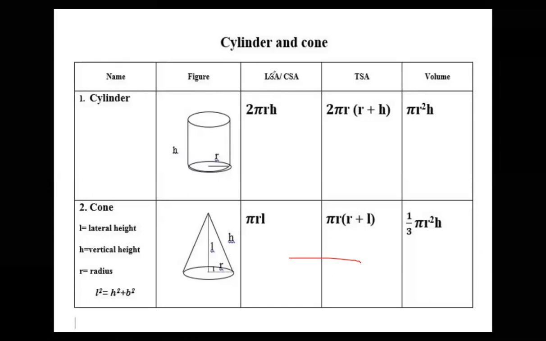Now, what is the formula of the cylinder? LSA of cylinder or the CSA, curved surface area. CSA means curved surface area. Please write down the full form, CSA, curved surface area.